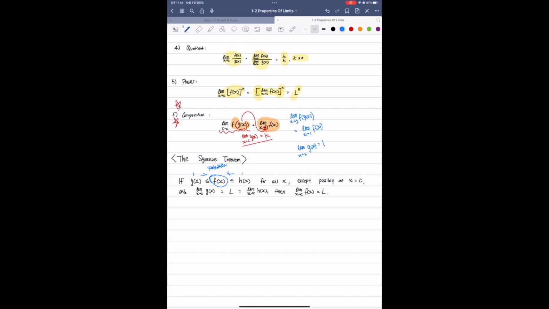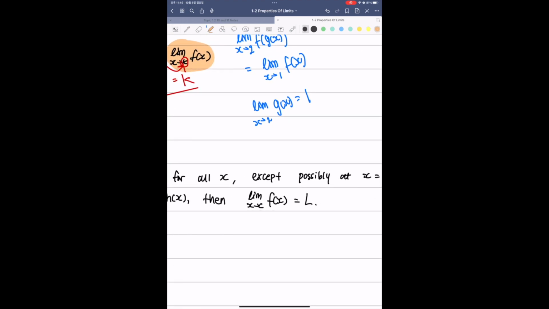So the definition of the squeeze theorem is that if g(x) is less than or equal to f(x), which is less than or equal to h(x) for all x except possibly at x equals c, and the limit of g(x) equals L, which equals the limit of h(x), then at the end, the limit of f(x) equals L.